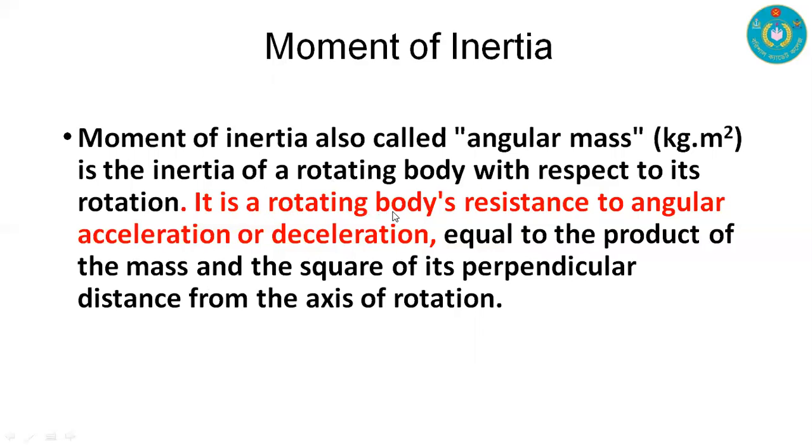It is a rotating body's resistance to angular acceleration or deceleration, equal to the product of mass and the square of its perpendicular distance from the axis of rotation. Here we have two pieces of information: first, that it is angular mass, and it is equal to the product of mass and the square of its perpendicular distance from the axis of rotation.